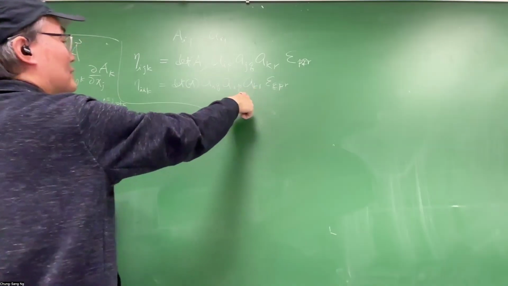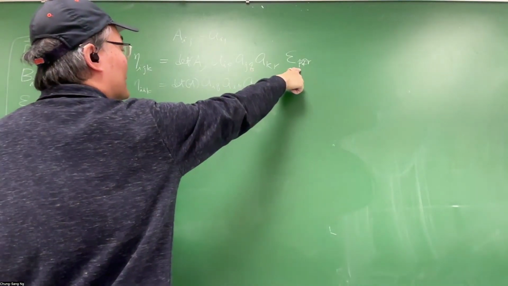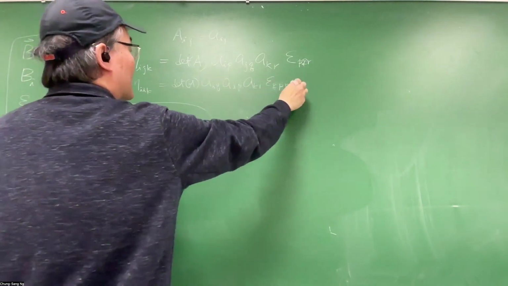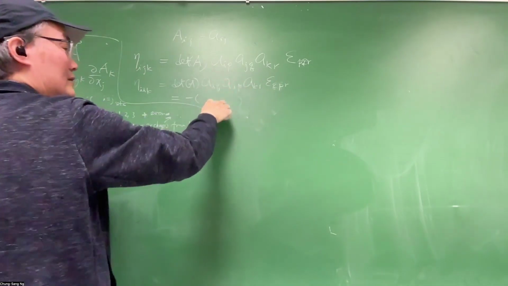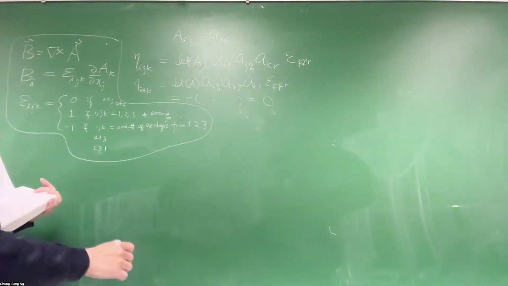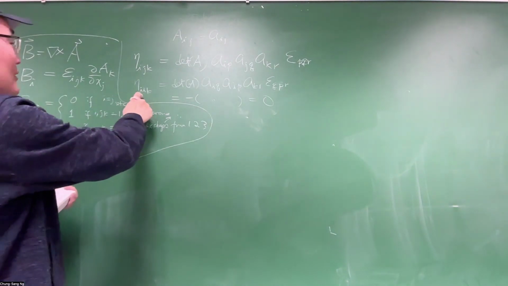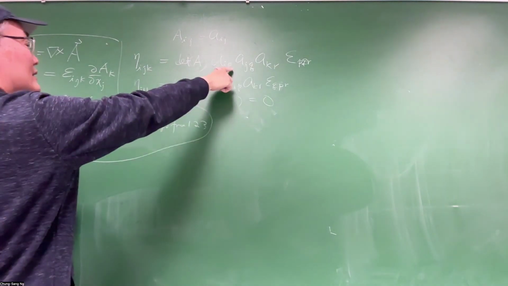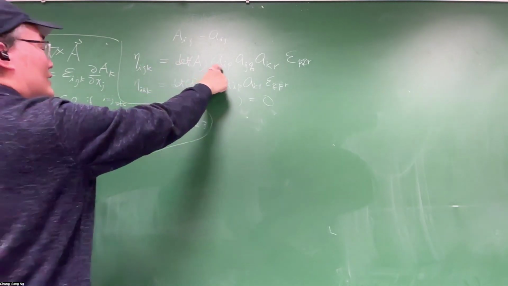So this equals that. But you know that this one equals the negative of this one. So it equals the negative of the same thing, right? So it must be zero. Okay, so you have two repeated indices according to this line.